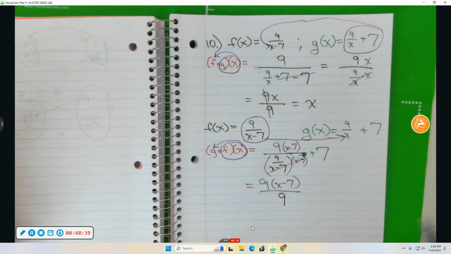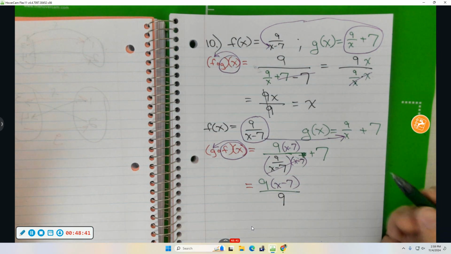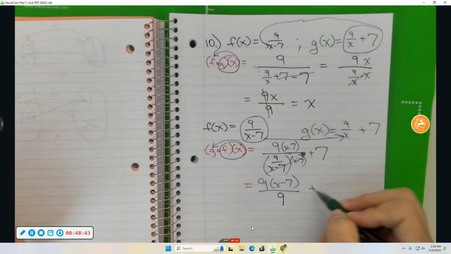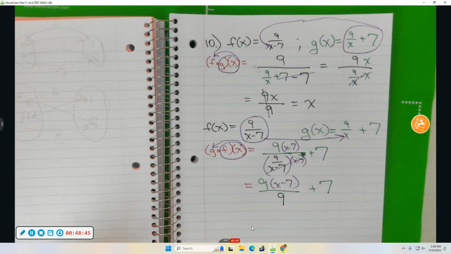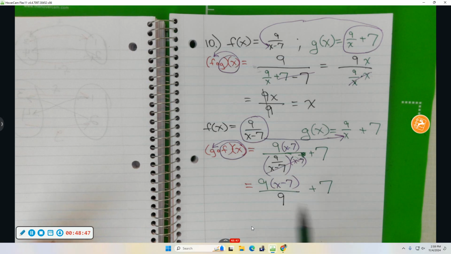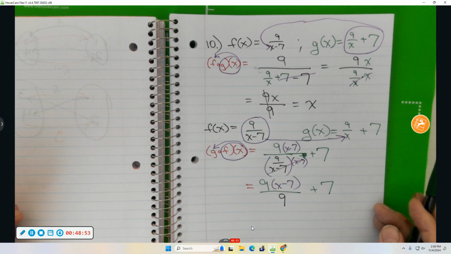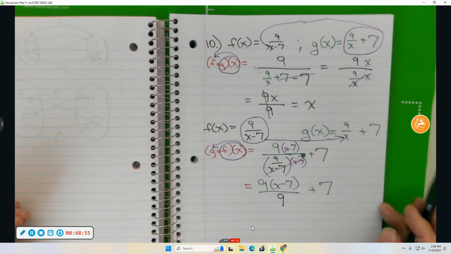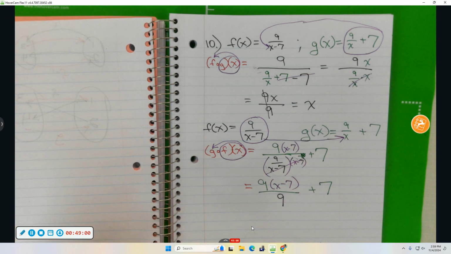What else do we have that I have to write down? That green plus 7. Do not decide to distribute the 9 through. That'll just give you more work. Remember, we're trying to cancel. We want everything to cancel out except for what? x. So let's get started.